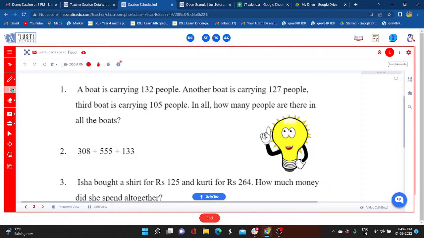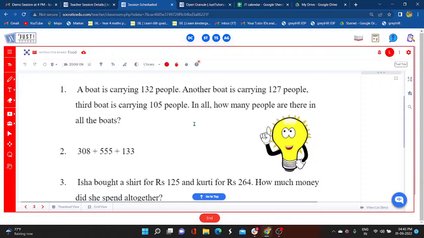Number of people carried by the second boat is 127, and number of people carried by the third boat is 105. Now how many people are there in total in all the boats? So we have to find that.